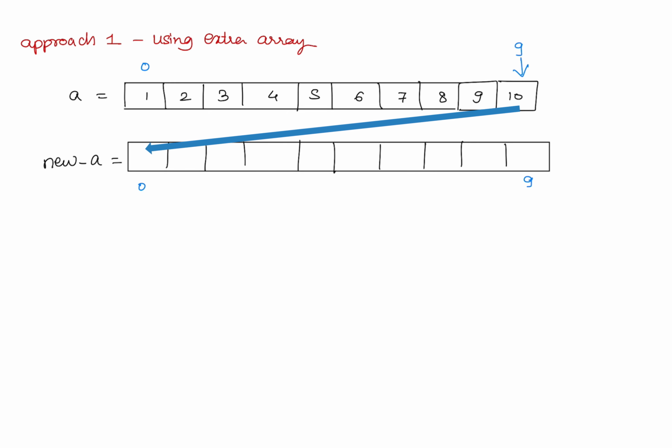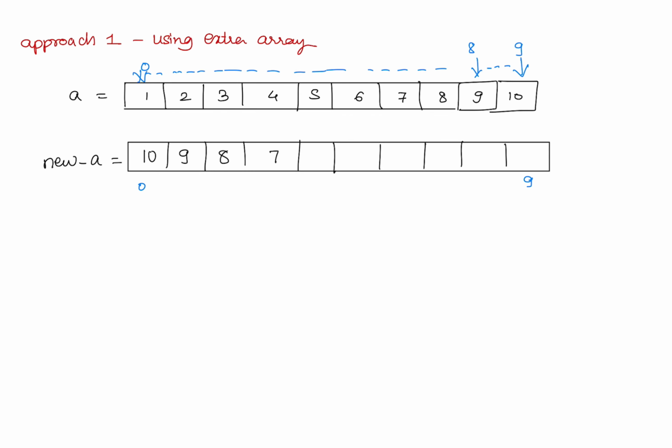I will read the last number and add it to the new array, then move to the second last number, then to the third last, until I reach index 0. So the new array becomes 10, 9, 8, 7 till 1. And voila, this is our reverse array.